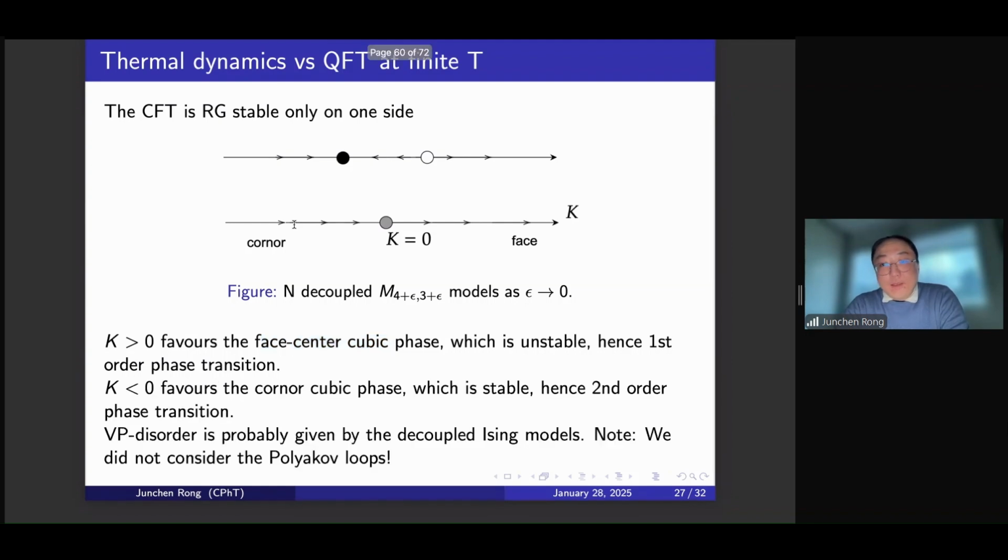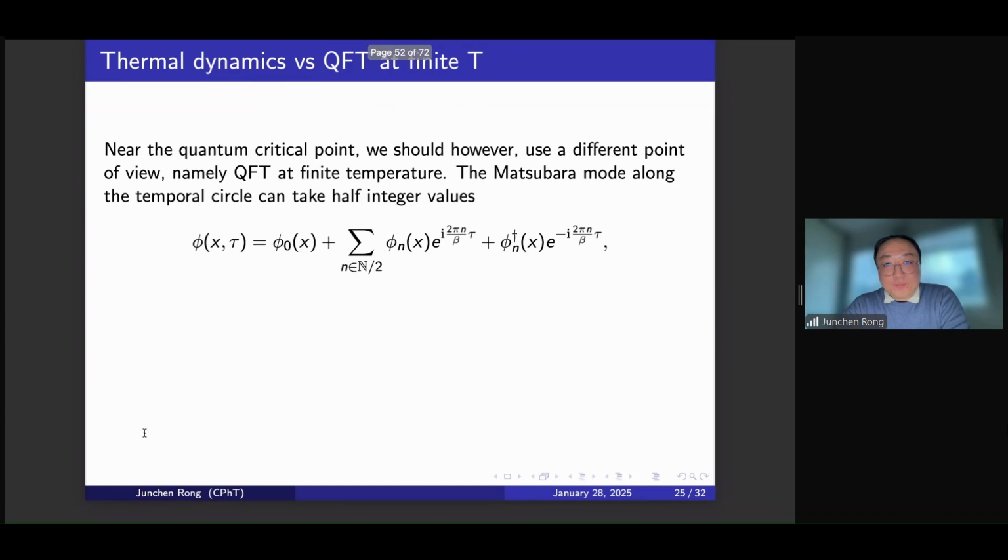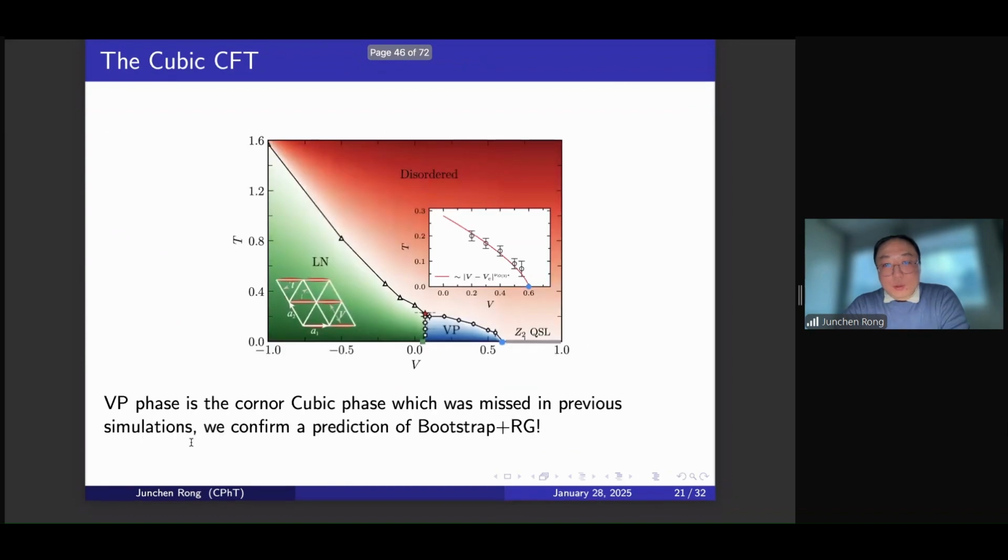But as we already discussed, the transition from here to here is in the corner cubic phase. So therefore, it is in the stable direction.